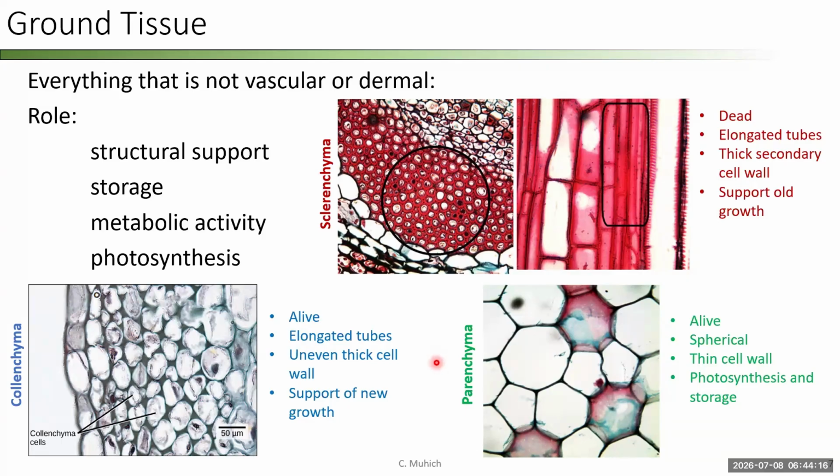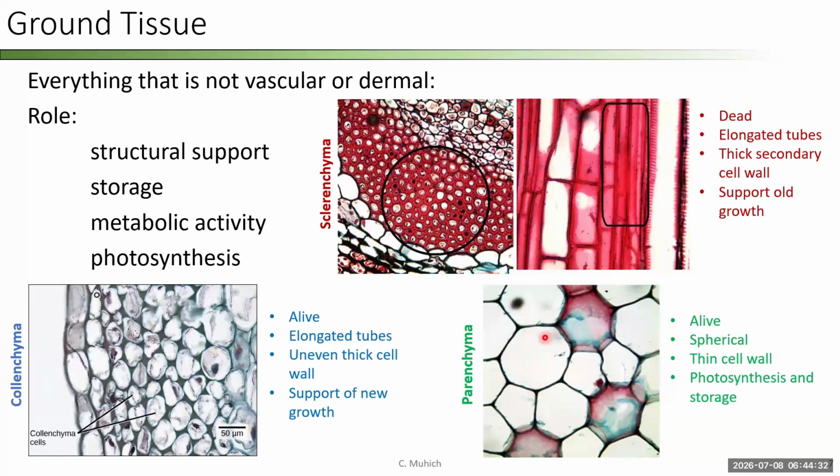The third type is the parenchyma cells. These are alive. They tend to be spherical. They have thin walls, and these are responsible for photosynthesis and storage.